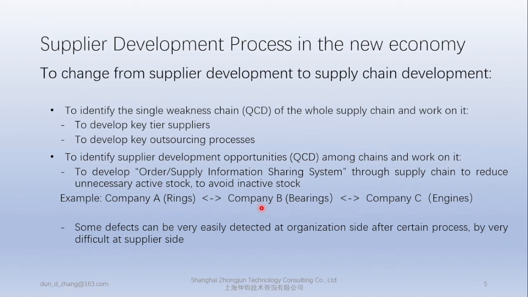Maybe you can pay less to the ring maker, and then you add some cost to your own company to do inspection. So this is another example of supplier development among chains.